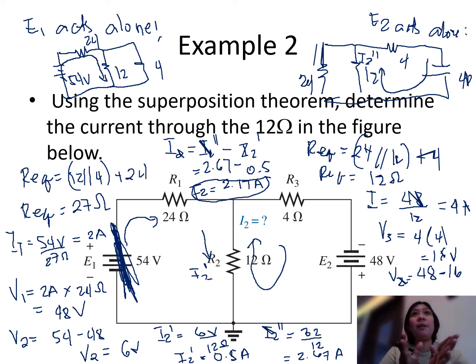When you analyze them separately, your circuit is no longer a 2 voltage sources circuit, but rather it is already 2 simple series parallel circuits, which is very easy to solve, and then you just combine them. So this is our second example. Let's go to our third example.